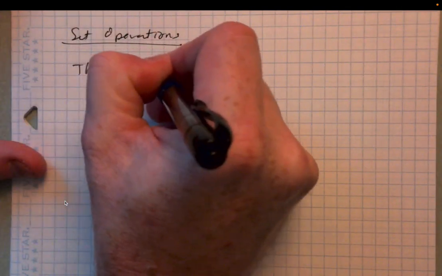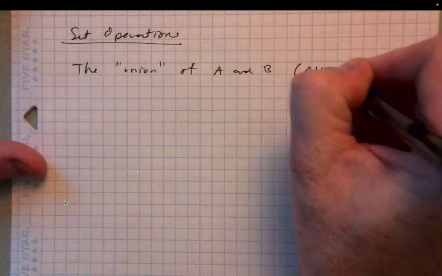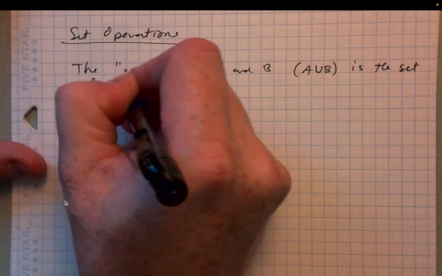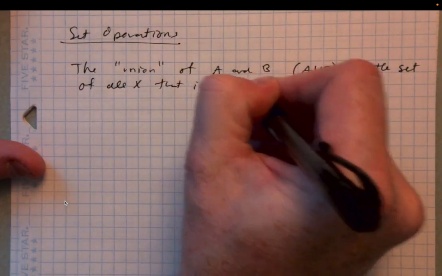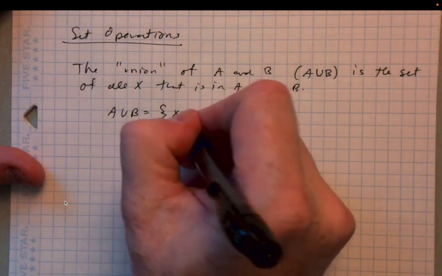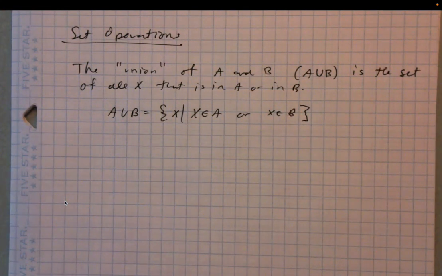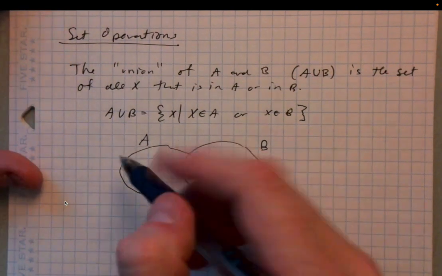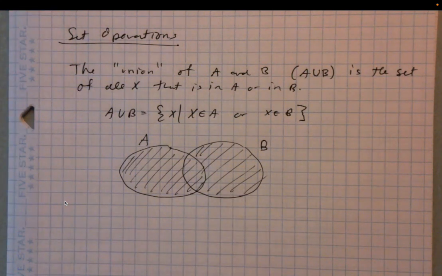So the union of A and B, denoted by A or B, is the set of all X that is in A or in B. Okay, so we would write it like this: A or B is the set of all X such that X is in A or X is in B. If we were to think about this in terms of a Venn diagram, I've got two sets, A and B. A or B means it's in A or it's in B. So at this point we're talking about basically everything in either of these sets.